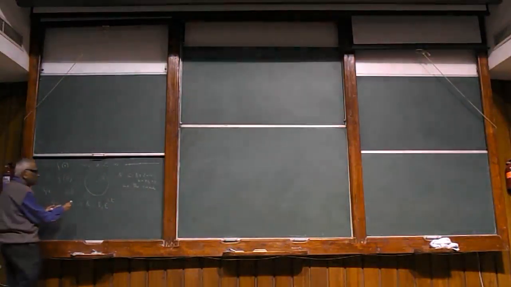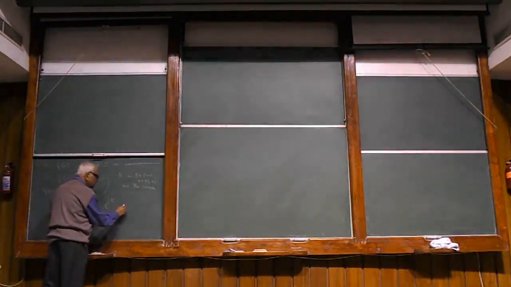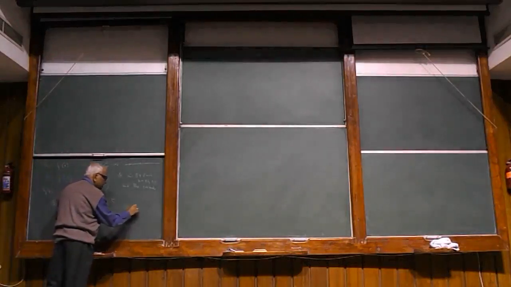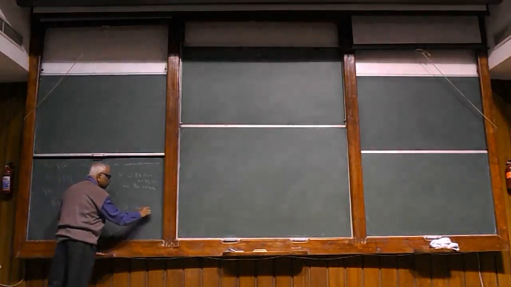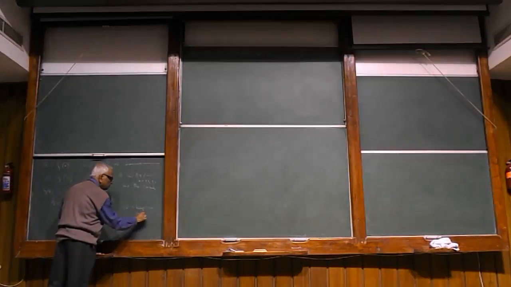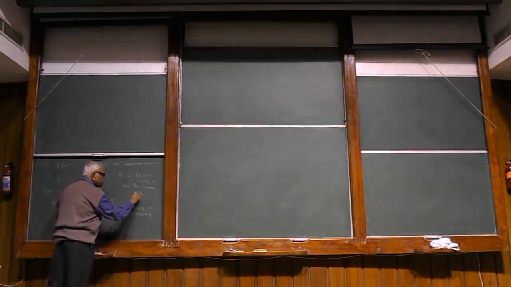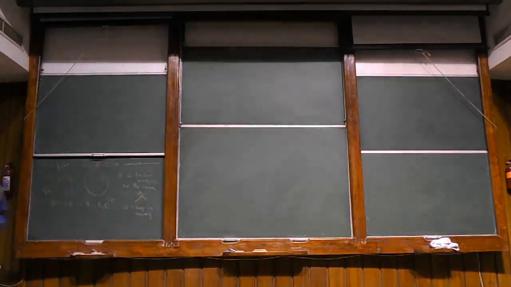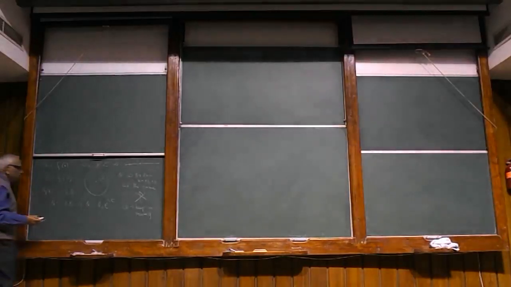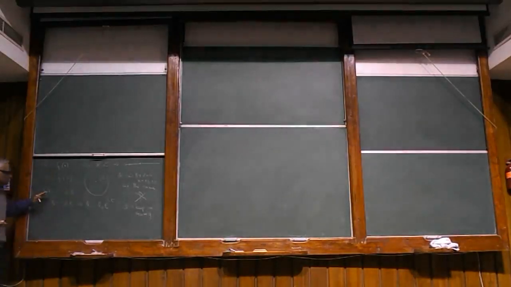This question does not arise, that theta and theta plus 2 pi are going to be the same. That no longer makes any sense. So this kind of f of theta is not what would be of interest for us.